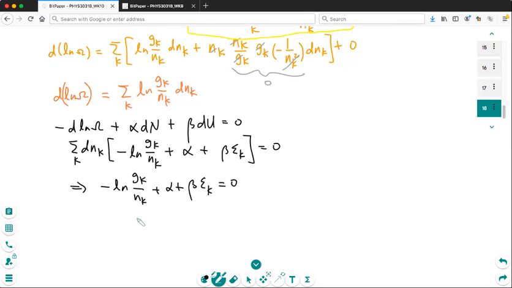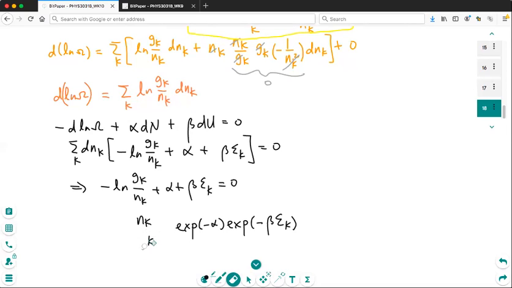The final result is nk over gk is e to the minus alpha and e to the minus beta epsilon k. Or commonly we like to write it like this.